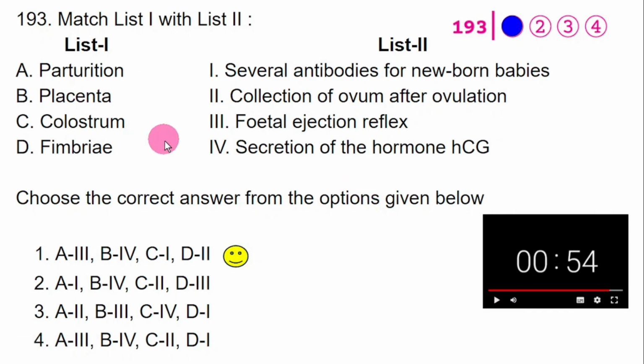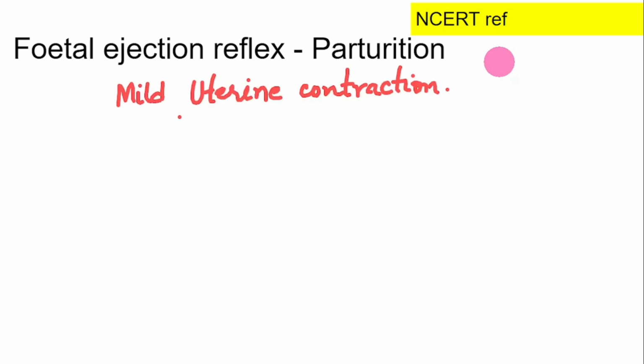So let's understand each and every topic asked in this question. First one, parturition. The fetal ejection reflex is a mild uterine contraction. This mild uterine contraction is initiated by the full term fetus. Full term is the fully developed fetus.